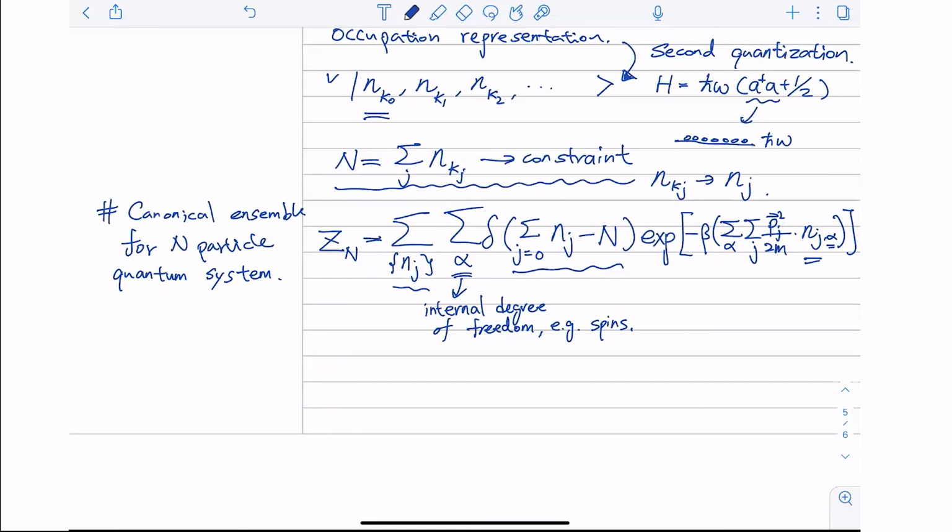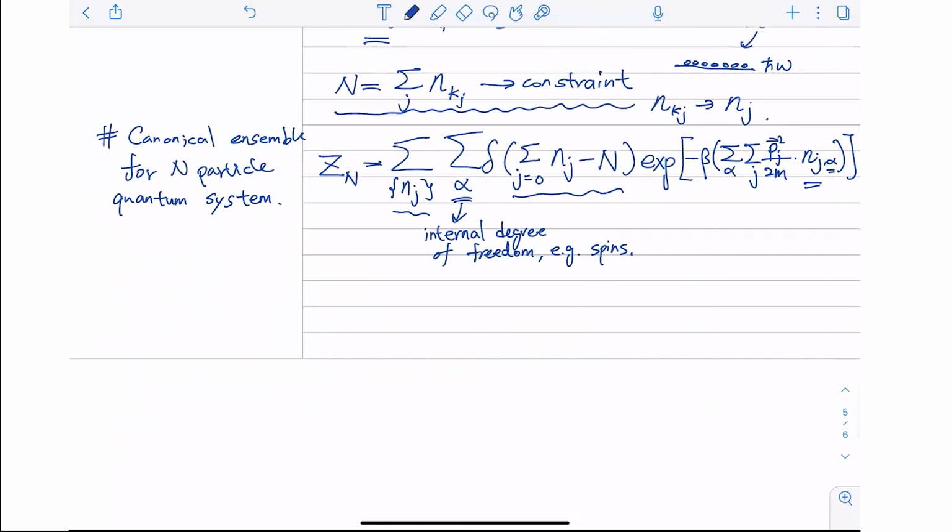So this is just an example, but if we think about the logic, actually here it doesn't need to be the free particle. It can be any abstract idea of a single particle energy level, E_j or epsilon_j.